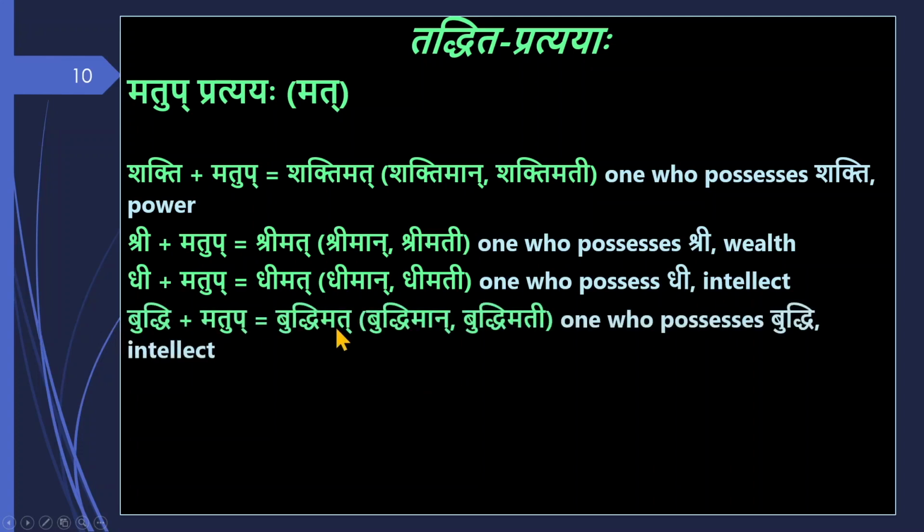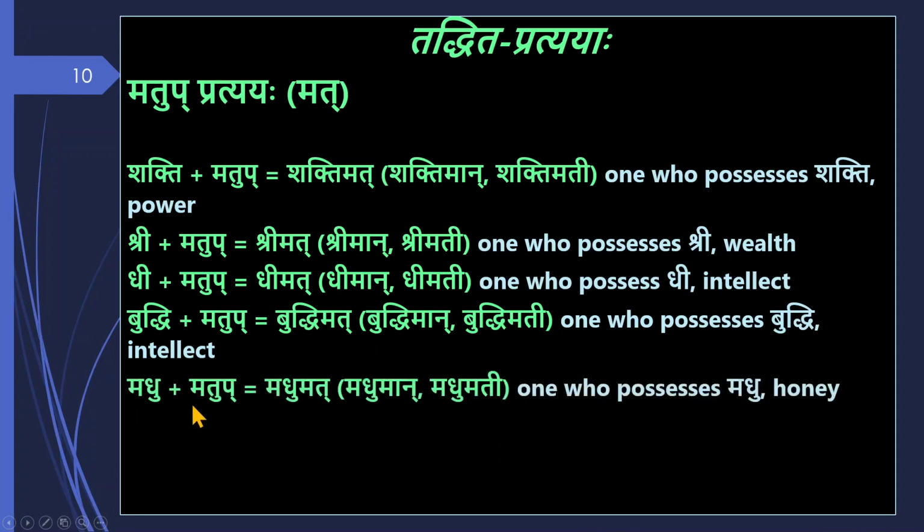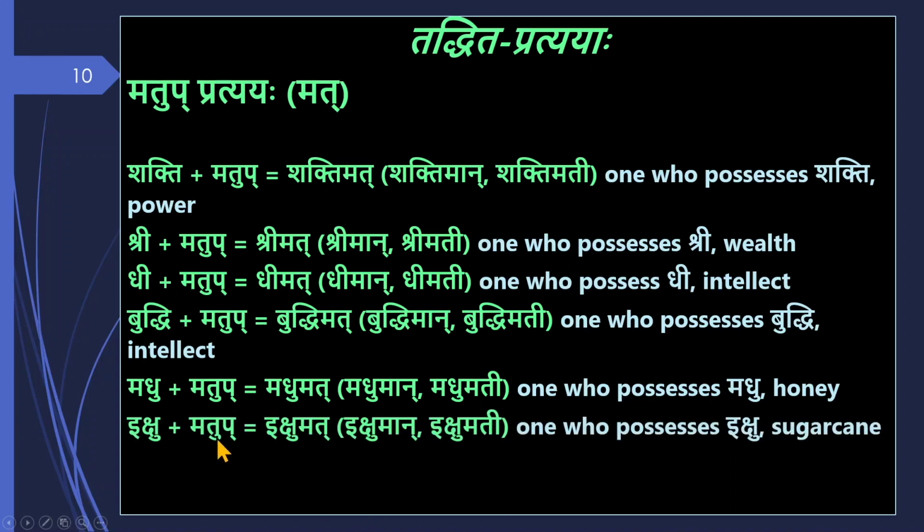Buddhi plus Matup is Buddhimat. Buddhiman, Buddhimati. One who possesses Buddhi, again intellect. Madhu plus Matup is Madhumat. Madhuman, Madhumati. One who possesses Madhu, which is honey. Ikshu plus Matup, Ikshumat.